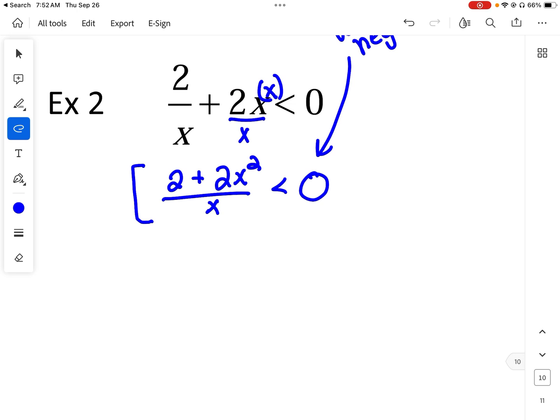Look at this. This tells me x cannot equal 0. That's one of those domain restrictions. So that's what you want to look for. And now, let's set the rest of our inequality equal to 0 because I'm just trying to get my key numbers.